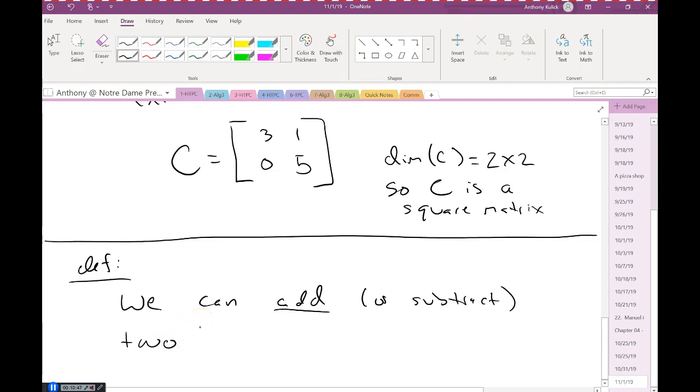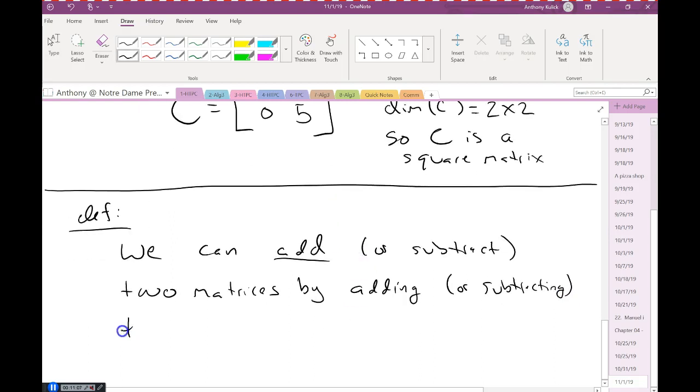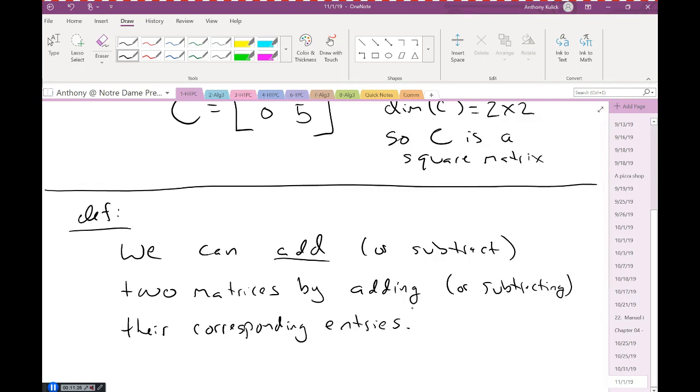That's ADD, the word add. Okay, so we can add two matrices together by adding their corresponding entries.